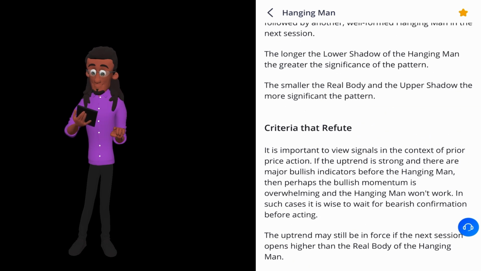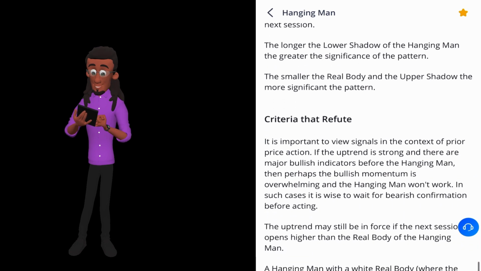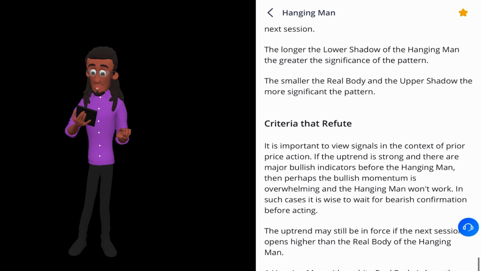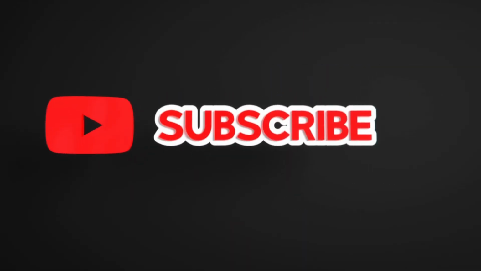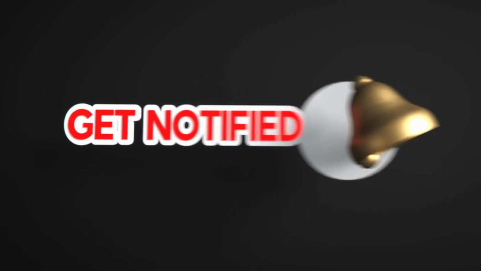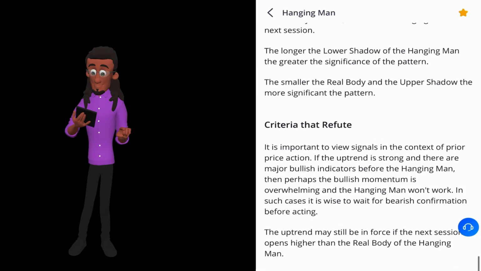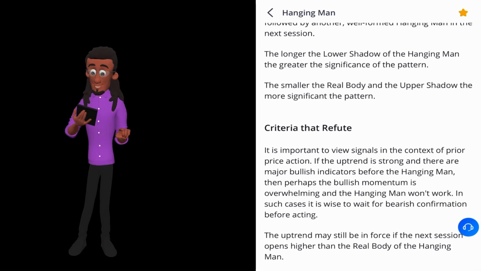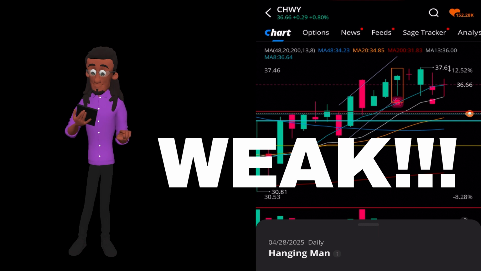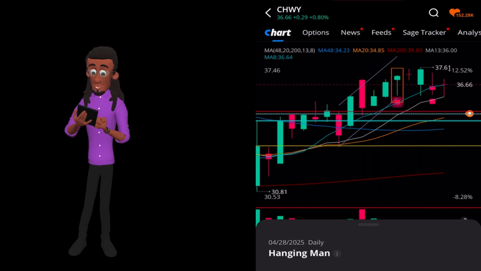The uptrend may still be enforced if the next session opens higher than the real body of the hanging man. A hanging man with a white or green real body, where the close is higher than the open, may indicate weakness in the pattern. So a green hanging man is weak. And Webull got the nerve to show us this. This is the kind of games they play.